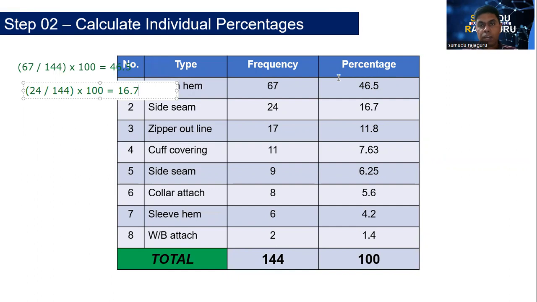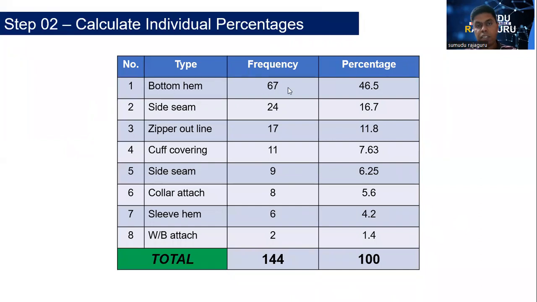So I think now you can understand how to calculate the individual percentages. You can see that in front of each issue, we already calculated the individual percentages. When we add all the individual percentages, the final answer has to come to 100.